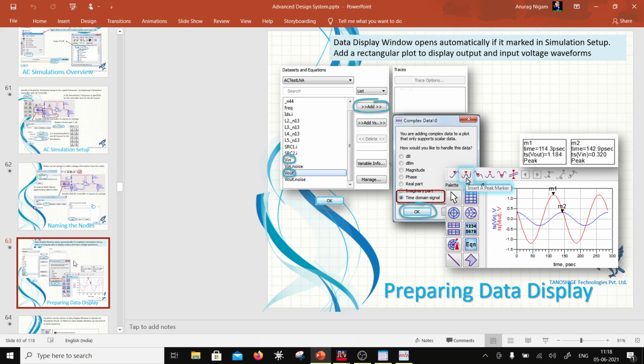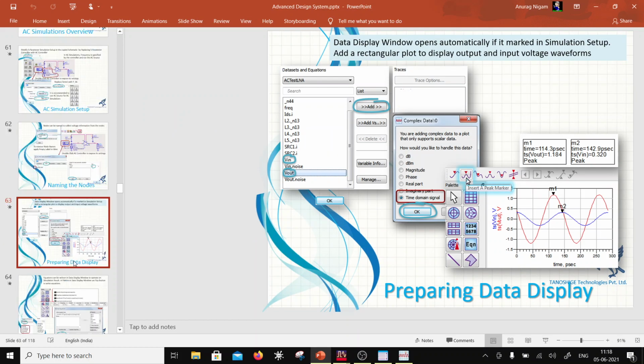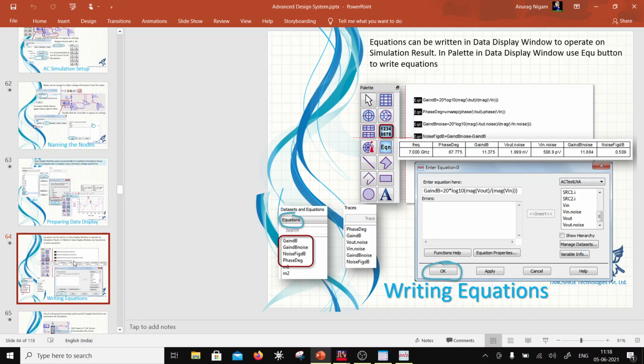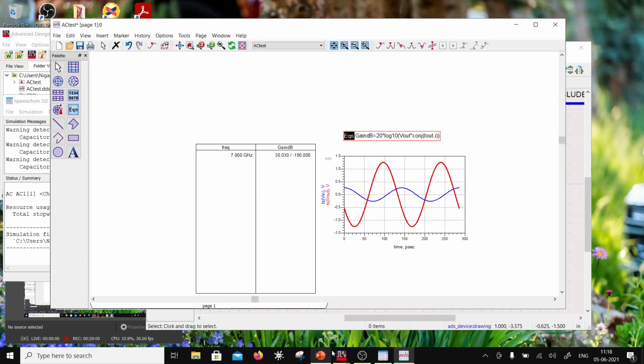We followed almost this: 20 log 10 of magnitude of V out divided by magnitude of V in. Other than that, what did I do? Oh, there is no conjugate here. This will be V out by V in. So I am computing power there. So I'm making a mistake here. Sorry about that. There's a confusion here.